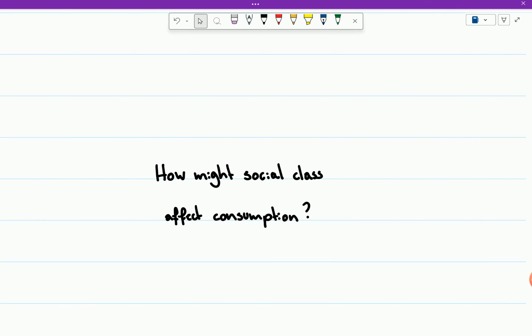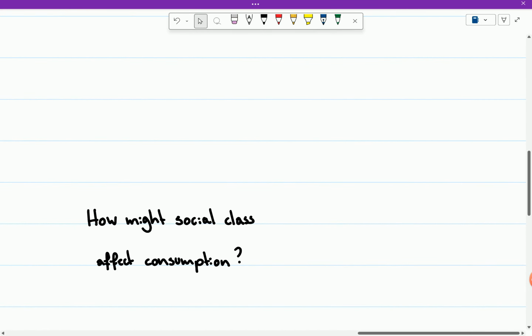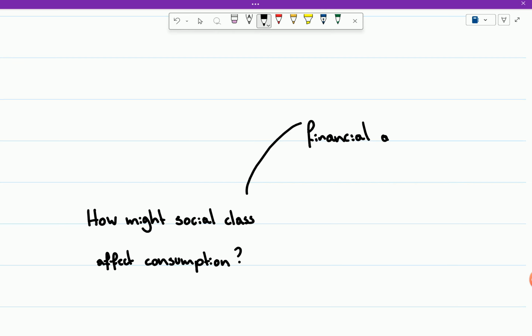So I'm just going to, it's very off the cuff kind of thing. So the first thing that comes to mind for me, the most obvious answer for me personally, is financial differences. Financial. Okay.